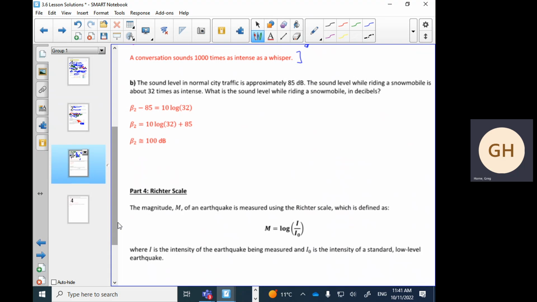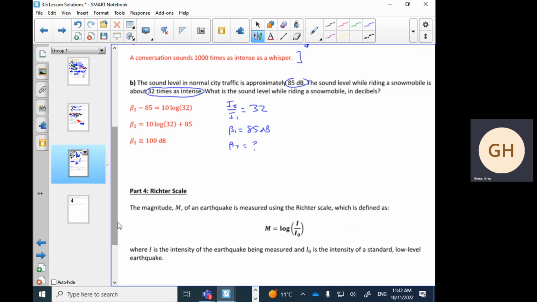Same deal for this one. This time we were given the "times as intense." So I2 over I1 was given to us as 32, and we were given the initial level, 85, and asked for the resulting sound level of the snowmobile, which is more intense than regular traffic.